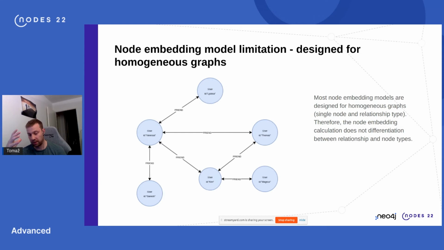They also do not differentiate between different node labels. The only thing that most of them differentiate could be the relationship weight, right? So you could add some weights to relationships to influence the node embedding calculation, but none of them differentiate between different relationship types. So for example, if you've got friend and enemy in the same graph, a node embedding like FastRP would treat them the same.